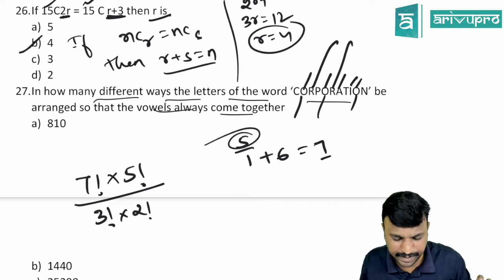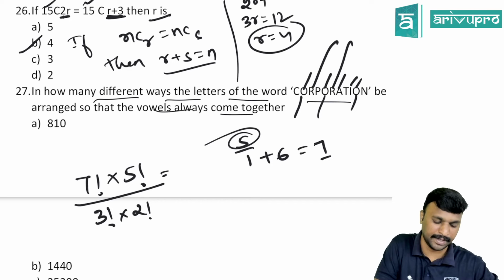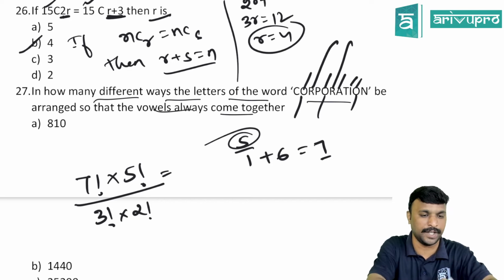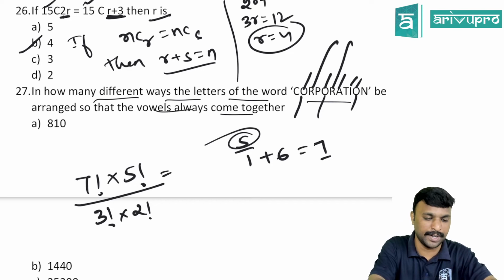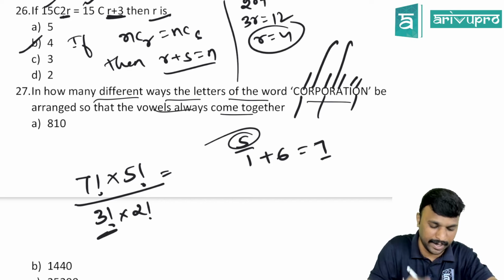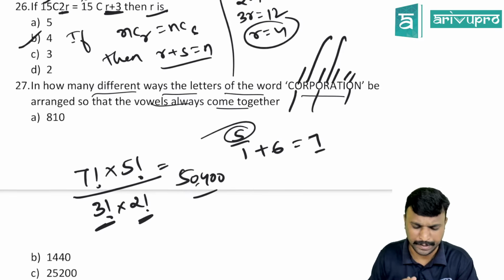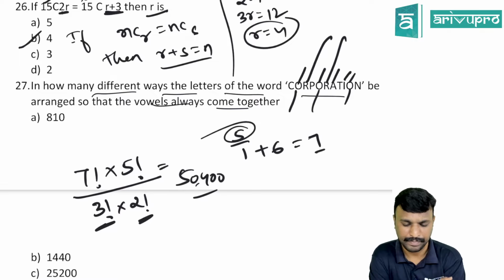Anything else repeated? There's no other letter which is repeated, so that's it. So 7 factorial is 5040 into 5 factorial is 120, divided by 3 factorial is 6, again divided by 2 factorial is 2. The result is 50,400. So option D is the right answer. Have you understood? Clear? Right.